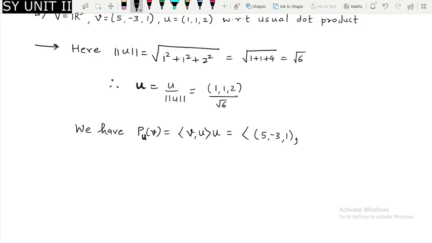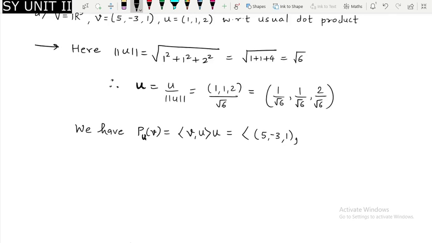So it is nothing but, actually it is same as 1 upon root 6 comma 1 upon root 6 comma 2 upon root 6. Just keep one thing in mind. Whatever value of u we are going to use, we are going to use this new value of u. I am not going to use the old one because it was not a unit vector.